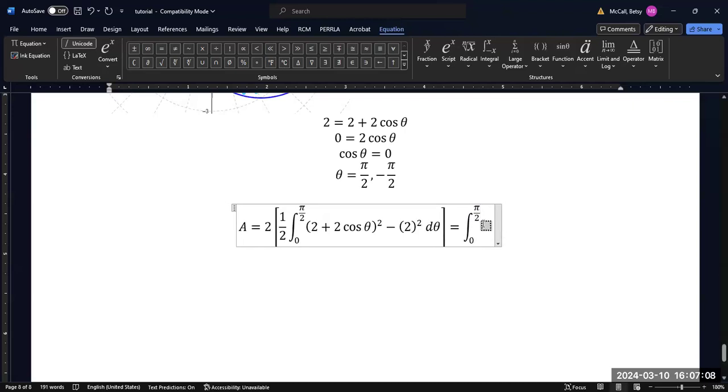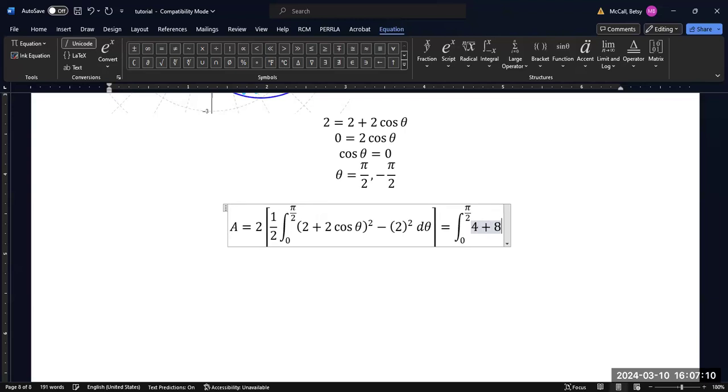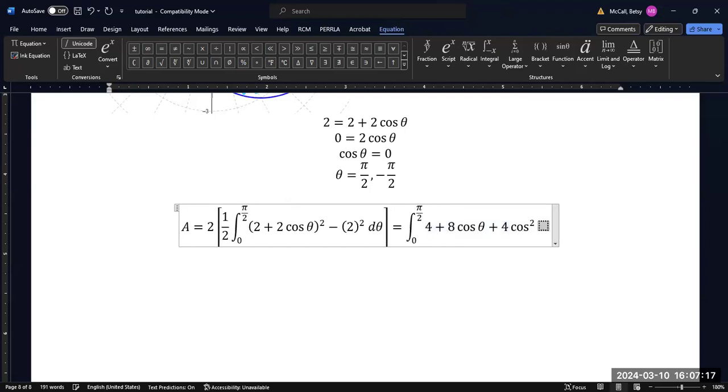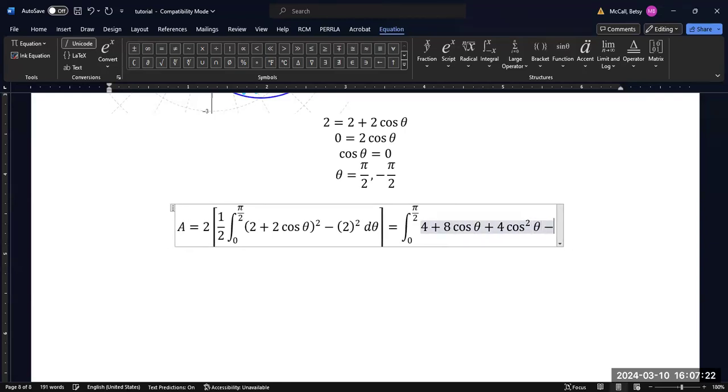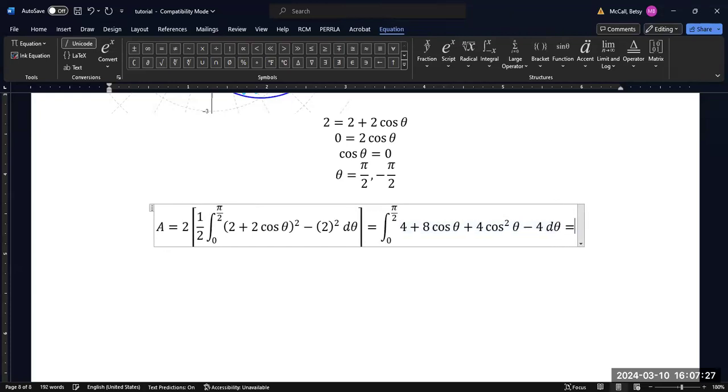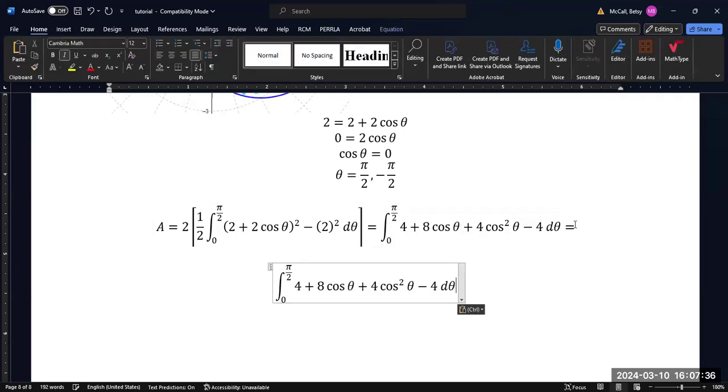Squaring everything out, we get 4 plus 8 cosine theta plus 4 cosine squared theta minus 4. And so our 4s are going to cancel, which is nice. So that 4 is gone, and that 4 is gone.